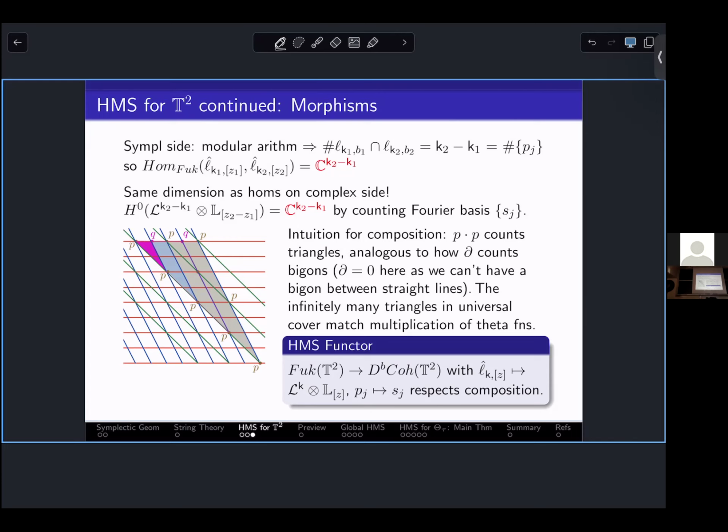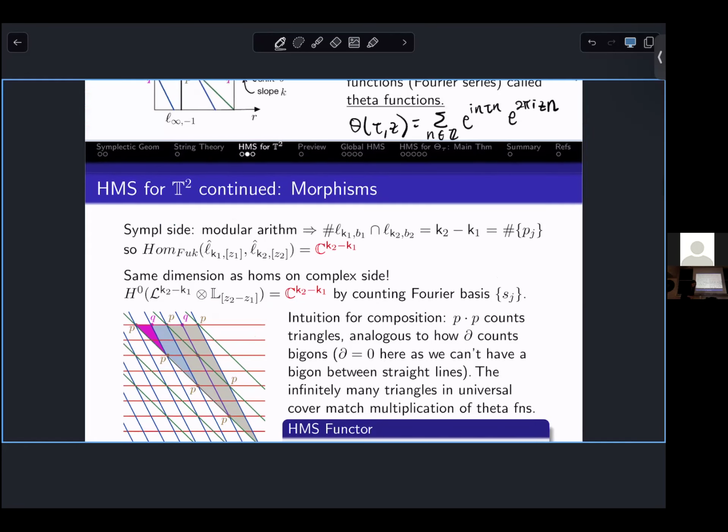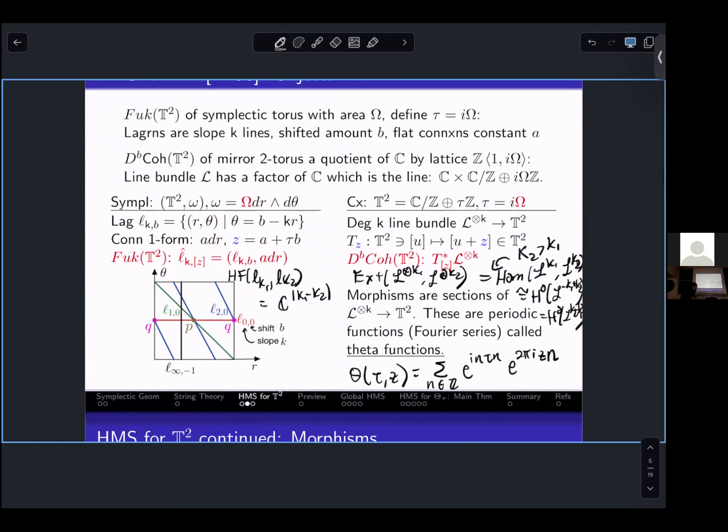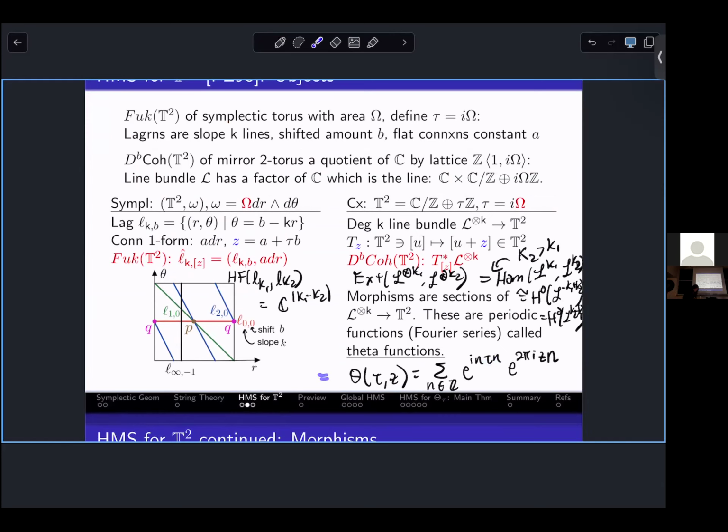How do you get something that depends on Z? The tau shows up here. So this is actually theta of 0, 0, tau, Z. You can think of this as an example of some Ext.